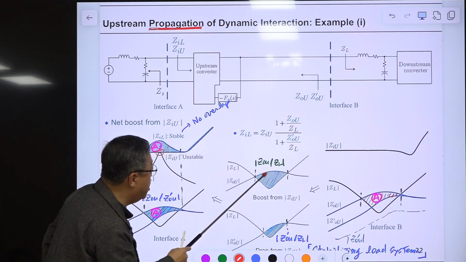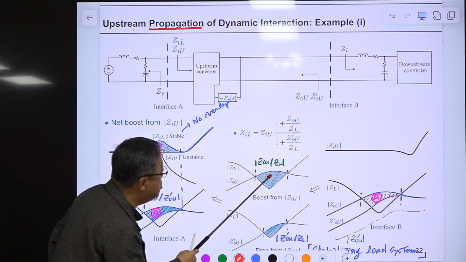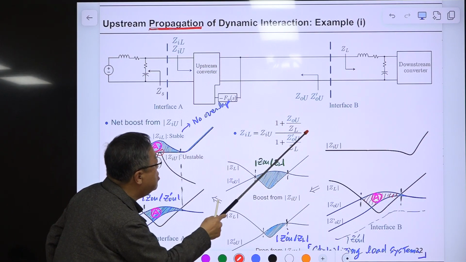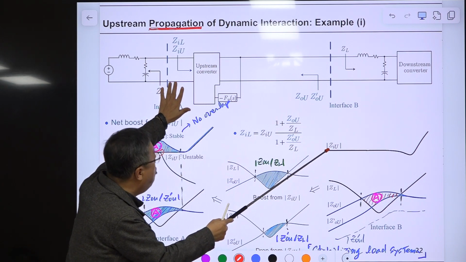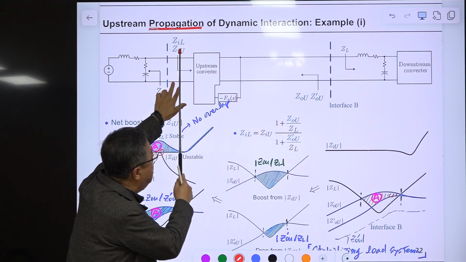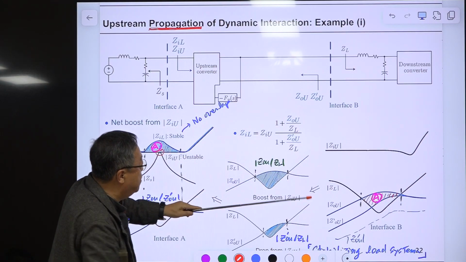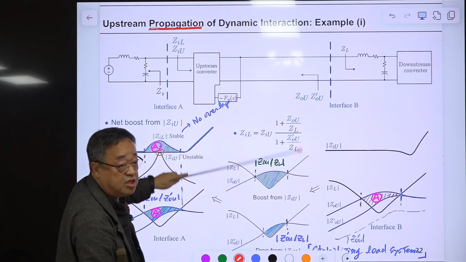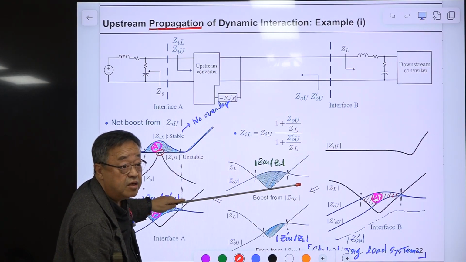Okay, so we have this overlap. This overlap is coming in the denominator. So this is the input impedance of open loop, uncoupled converter, and GIL is input impedance of load coupled converter. Then GIU will be boosted this much, okay? Because it is coming in the denominator.